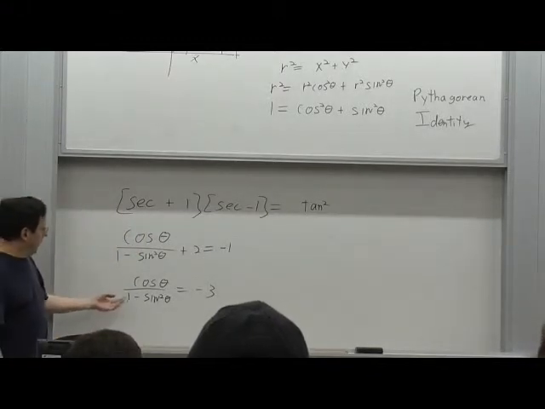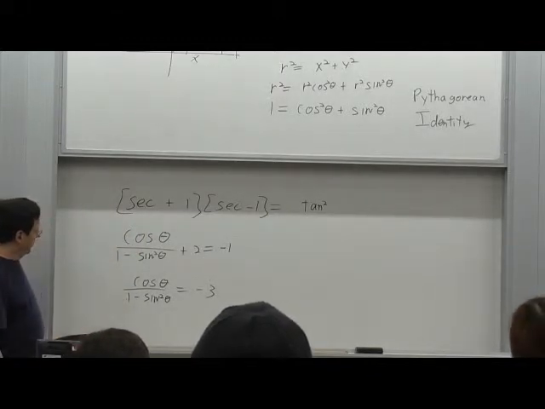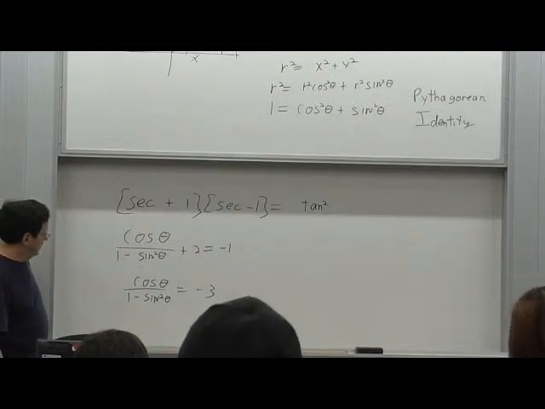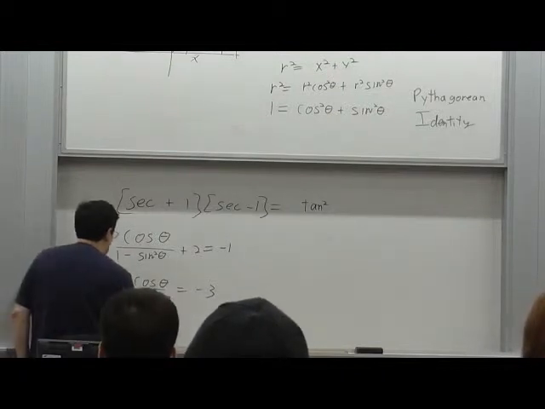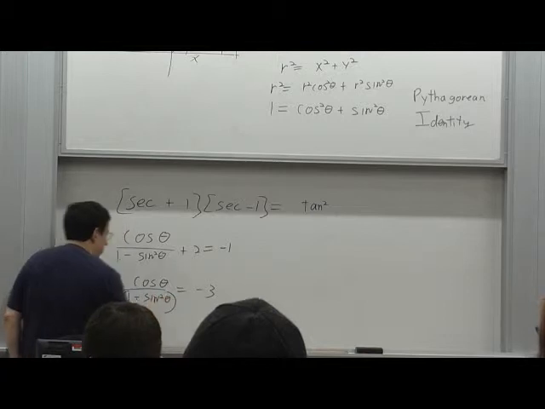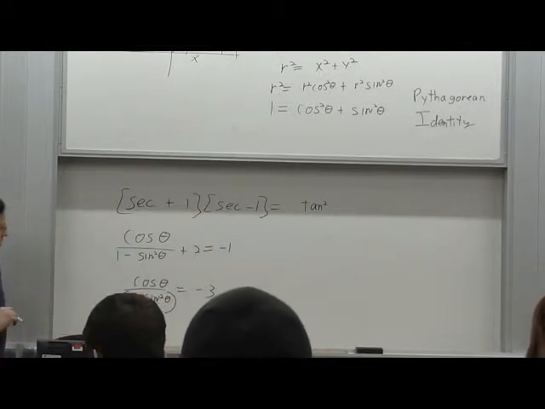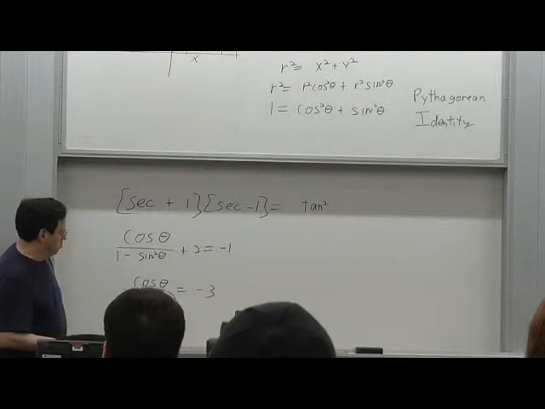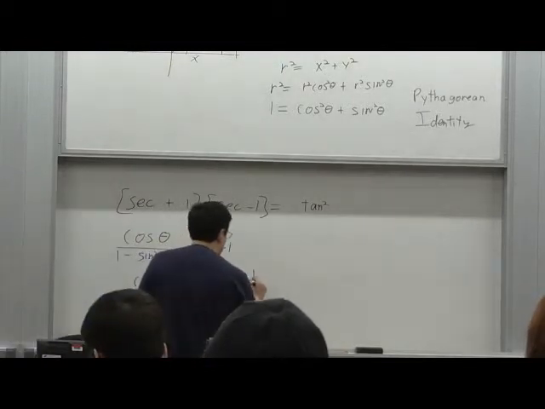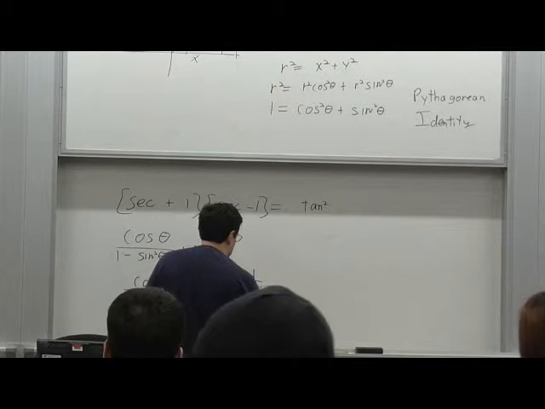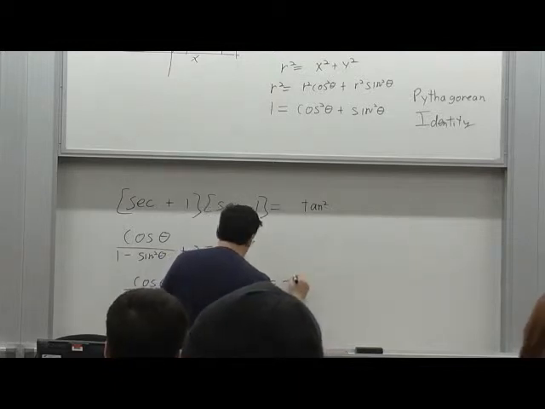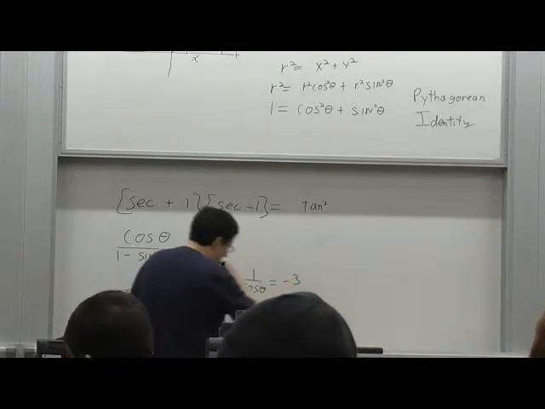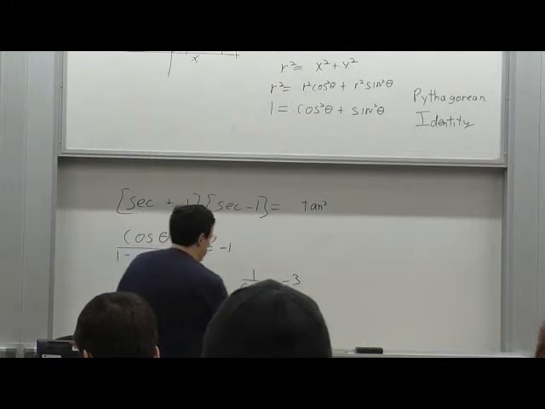Okay, so what am I going to do here? What does this look like? Cosine squared. Cosine over cosine squared is just 1 over cosine. So this is just secant.